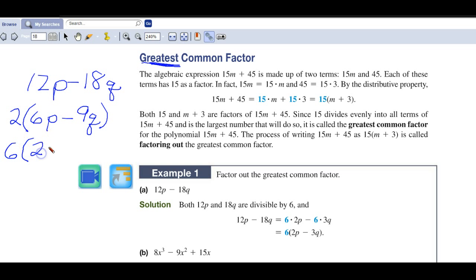So this gives me a 2p, and taking a 6 out of there gives me a 3q. Now left in the parentheses there's no more common factor. I have taken out the greatest common factor.